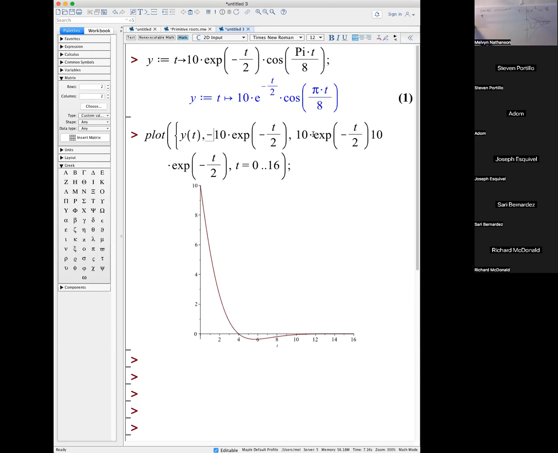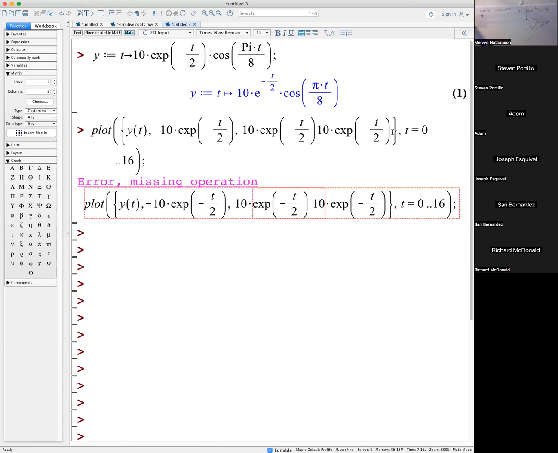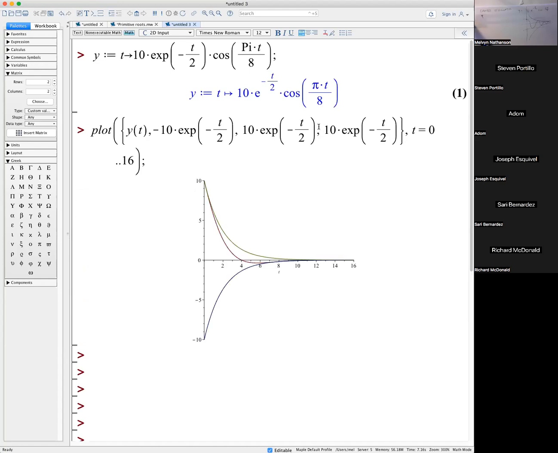Oops. y of t. I need a curly bracket. Oops. Let's see. What am I missing? Oh, comma. Ah, okay.